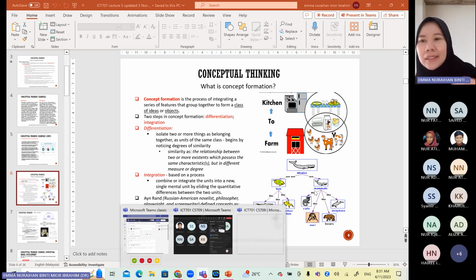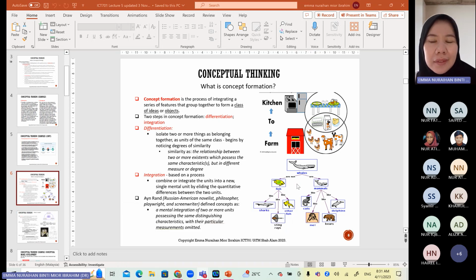Okay. So, in computing, we call it taxonomy, knowledge formation like this, taxonomy, ontology. It helps in building a database. For example, a knowledge based system.